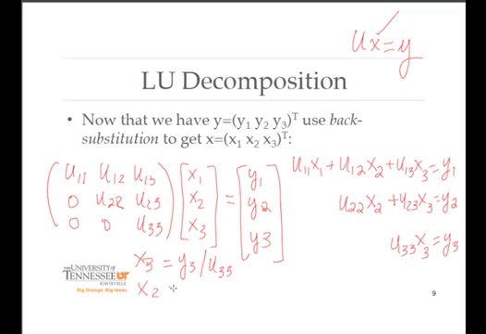So this is going to be equal to, in parentheses, y2 minus u23 times that x3 that we now know. That quantity would be divided by u22.